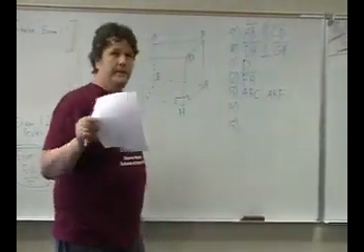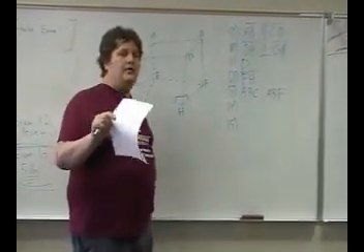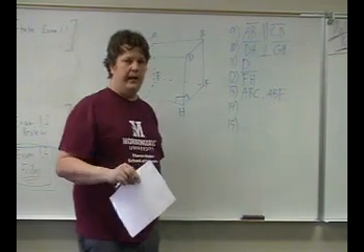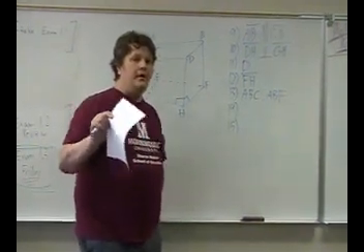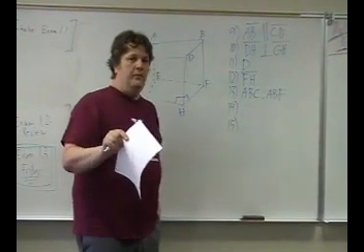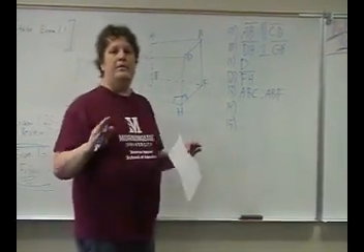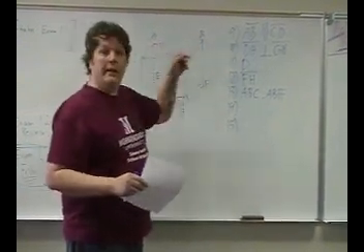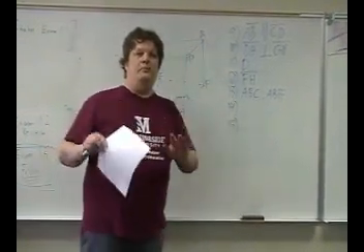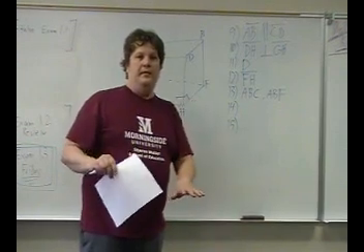So again, what I'm doing, if I know the intersection of 2 planes, that means that I know 2 of the points that are on each plane. Because anytime you have an intersection of 2 planes, whatever points are on that intersection are on both planes.